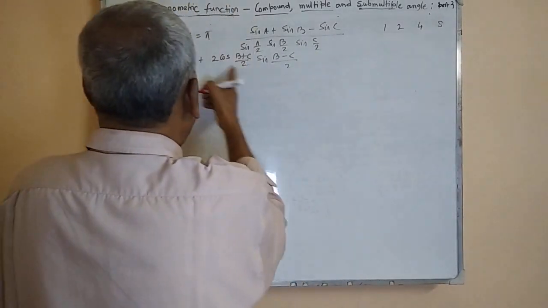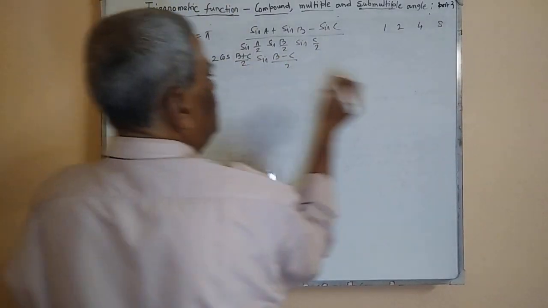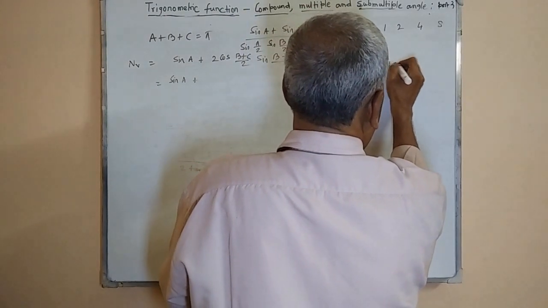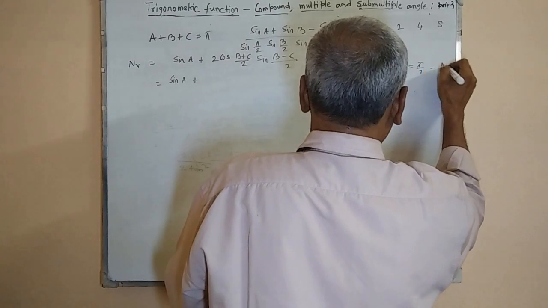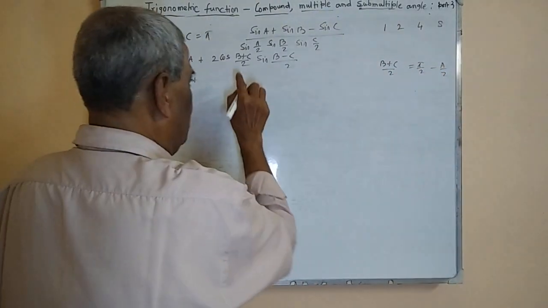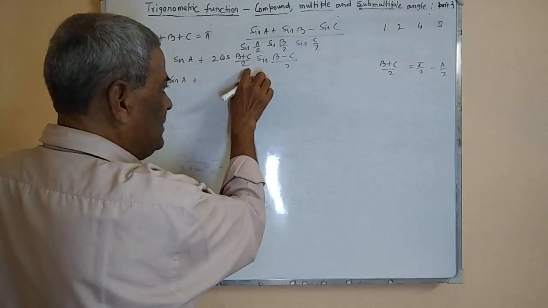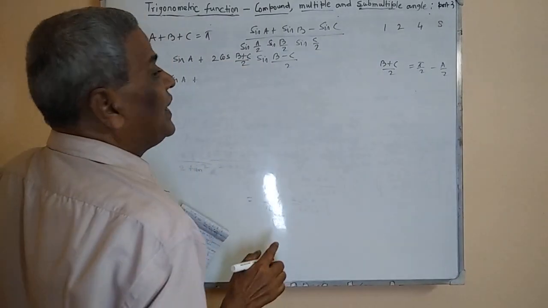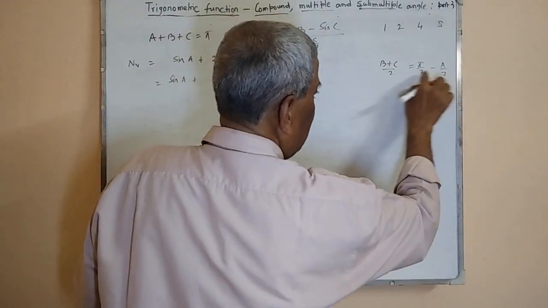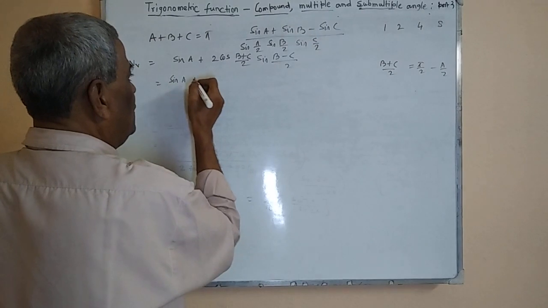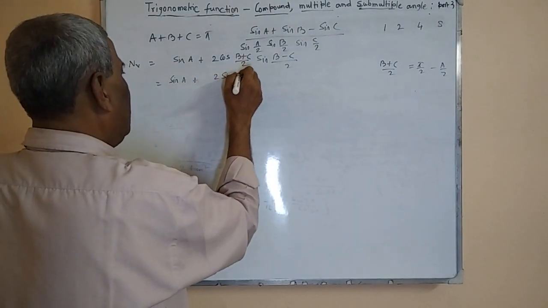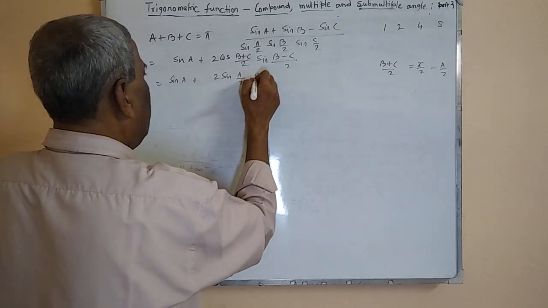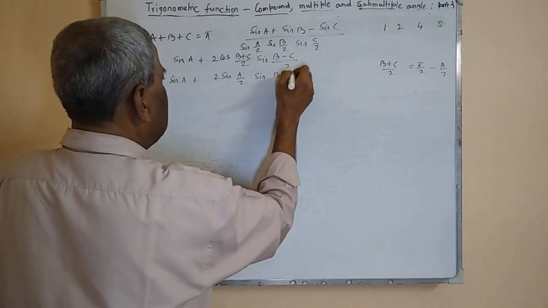B plus C by 2 is actually equal to pi by 2 minus A by 2. So cos B plus C by 2 is equal to cos of that, meaning sine A by 2. So 2 sine A by 2 into sine B minus C by 2.